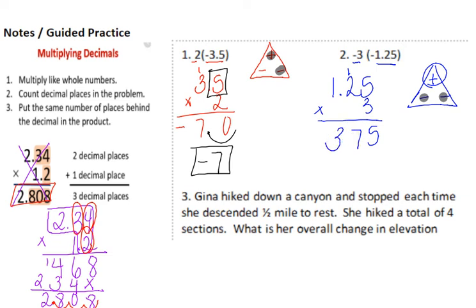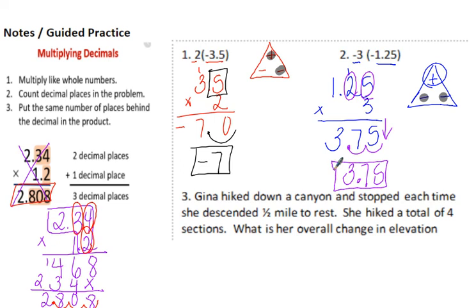I'm going to go back and look that I have 1, 2 decimal places. And remember, we are inserting our decimal from the right side, moving left to put our decimal in place. So our final answer is a positive 3 and 75 hundredths.